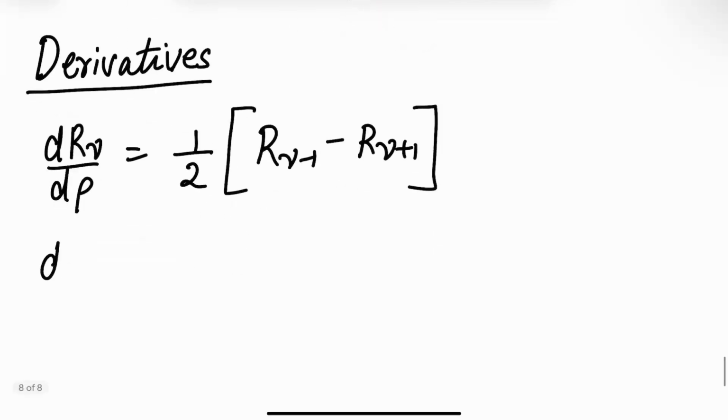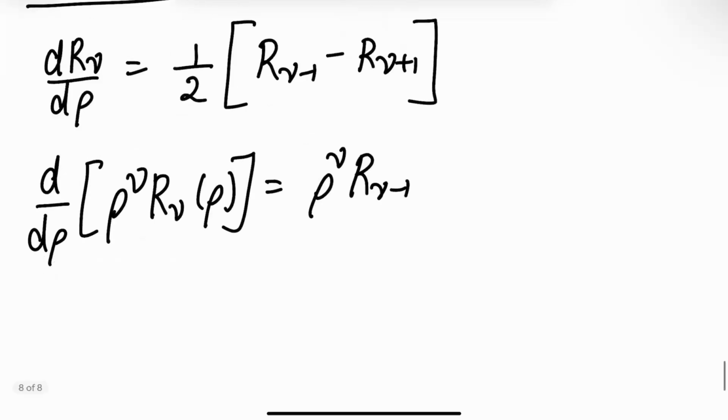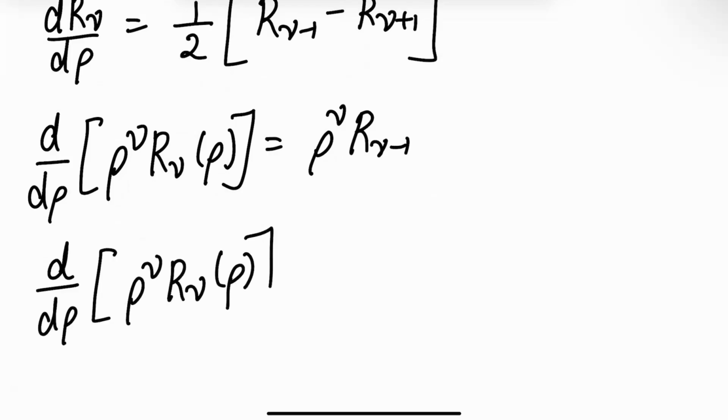Okay, similarly d/dρ of ρ^ν R_ν(ρ) is equal to ρ^ν R_{ν-1}. And here R_ν is Bessel and Hankel functions. And d/dρ of ρ^{-ν} R_ν(ρ) is equal to -ρ^{-ν} R_{ν+1}.